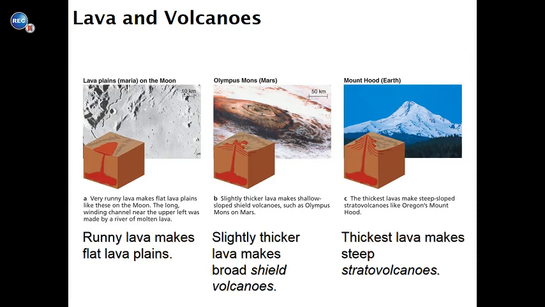So, for example, on the moon, there are lava flows that leave very flat plains that basically fill in craters and valleys. And what's happening is the magma is extremely runny. It's a very low viscosity, and so it just oozes out and spreads large distances before it cools.